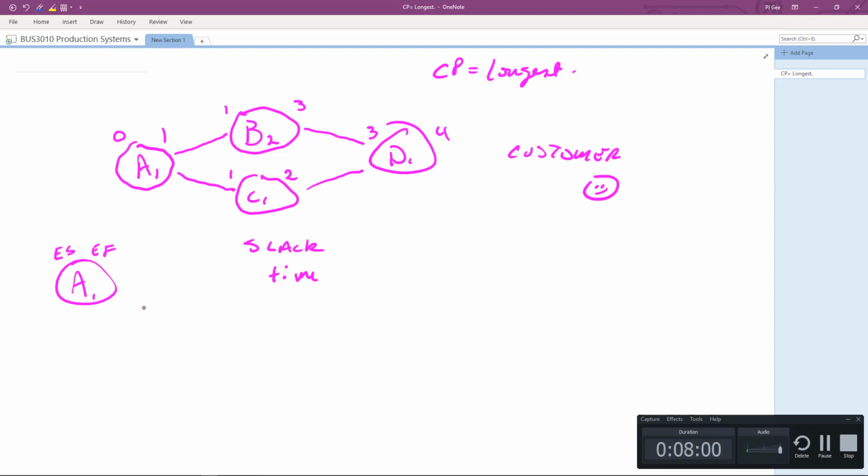Now we're going to work through the bottom part of the network. We've already determined that ABD is the critical path. Now we're going to work backwards through the network. And since it's such a small network, the answer is almost known before we start out here.